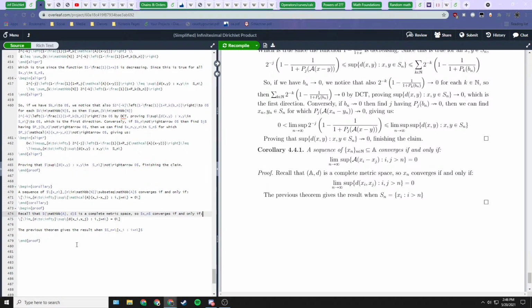And then we can also say uniform convergence.